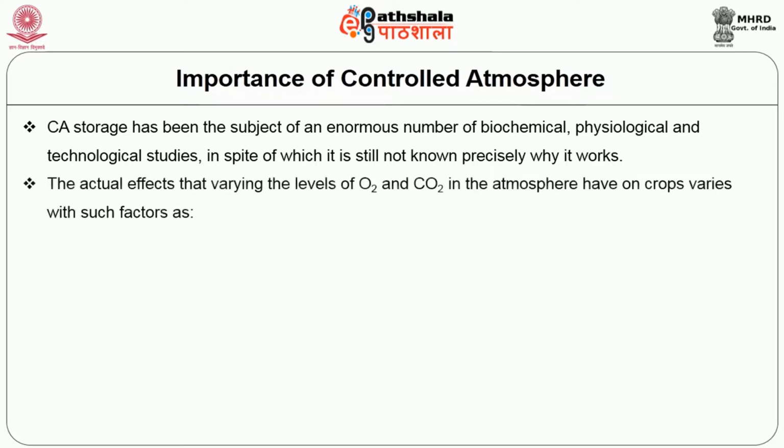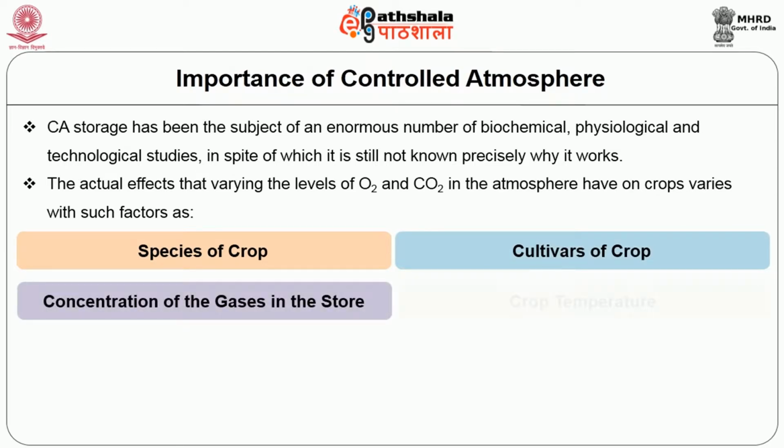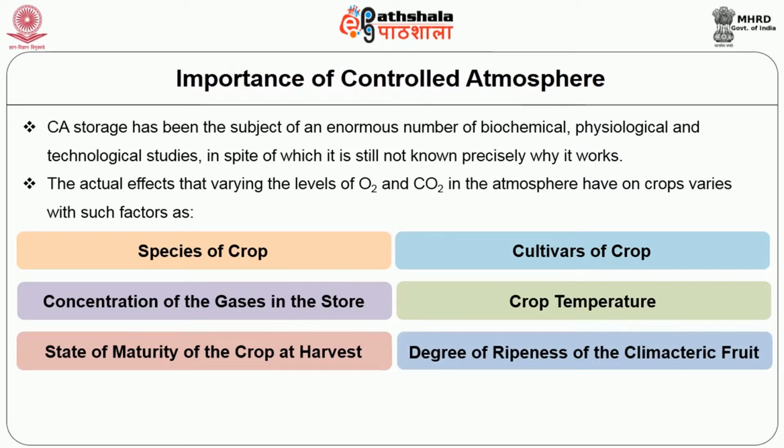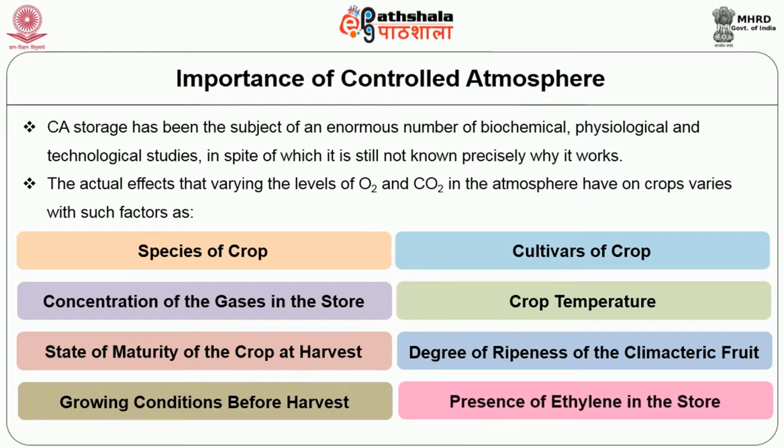The actual effects that varying the levels of oxygen and carbon dioxide in the atmosphere have on crops vary with factors such as the species of the crop, the cultivars of the crop, the concentration of the gases in the store, the crop temperature, state of maturity of the crop at harvest, the degree of ripeness of the climacteric fruit, growing conditions before harvest, and the presence of ethylene in the store.